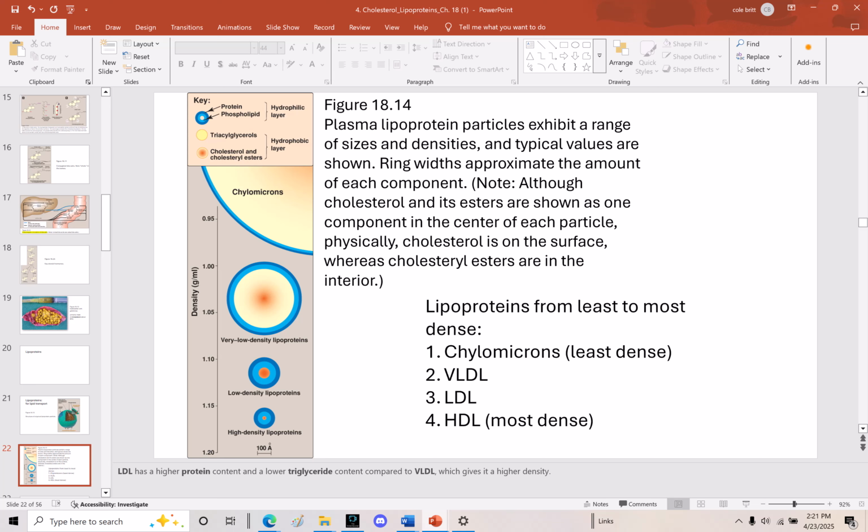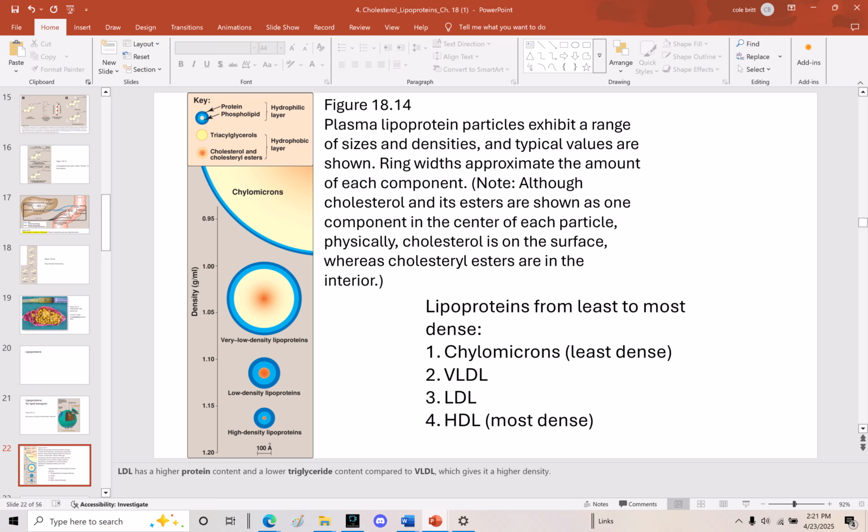VLDLs are the second least dense because remember they also have a high level of triglycerides. VLDLs actually become LDL in the blood, and I'll talk about that in a little bit. LDLs are low density. These guys have a high amount of cholesterol. Low density lipoproteins have the most cholesterol of all the lipoproteins.